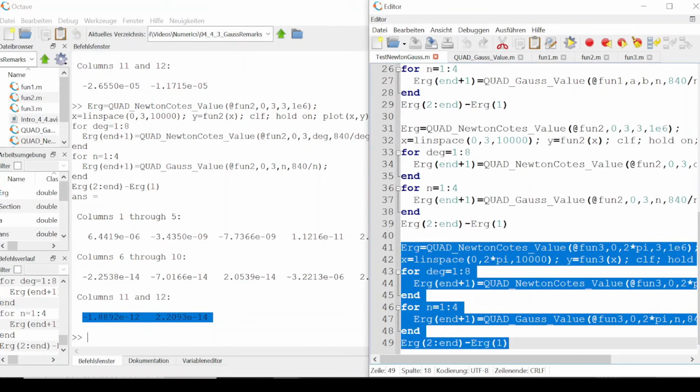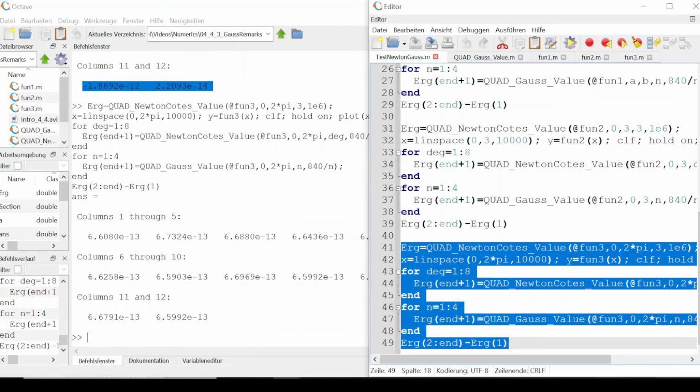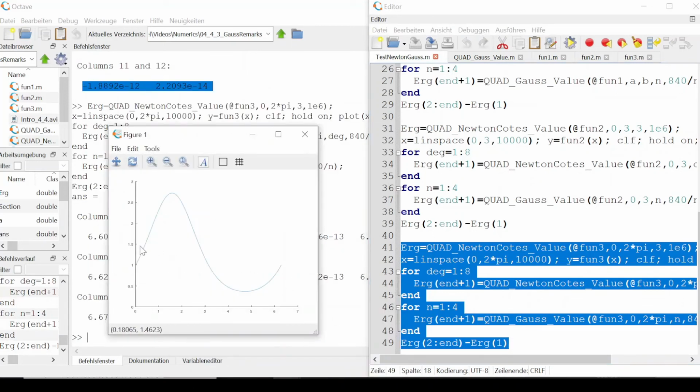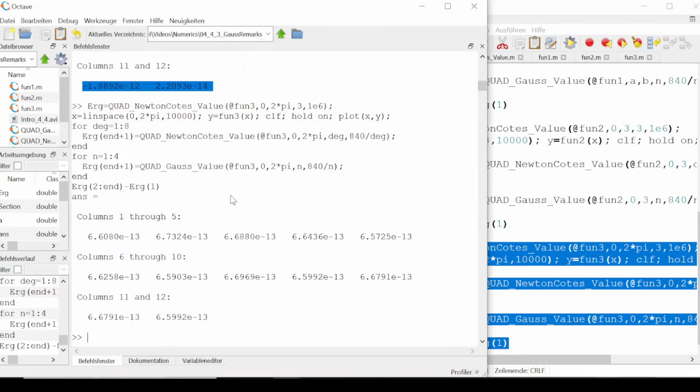Let's end our test with our fourth function, which looks like that. This is the periodic function exponential of sine of x, and we integrate one period. And then what do we see? We see that all integration methods more or less produce the same answer. Every method produces a very, very good approximate value, and none of them is better than the others.